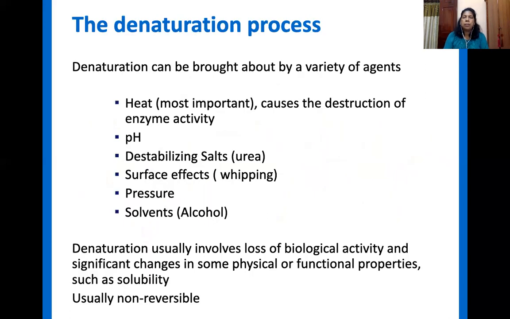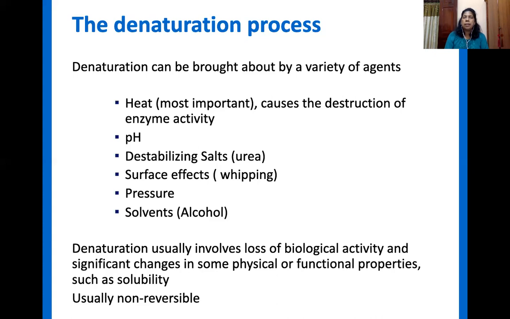Denaturation of protein can be brought about by a variety of agents. Because you know that the functionality is supported by the factors I explained earlier. Similarly, think about that. Denaturation can be brought about by a variety of agents. Agents means, what are the agents from the outside we can add to the protein?